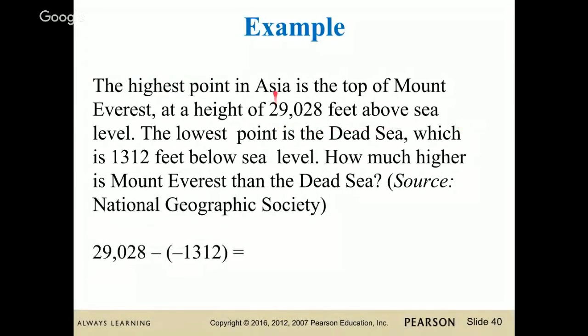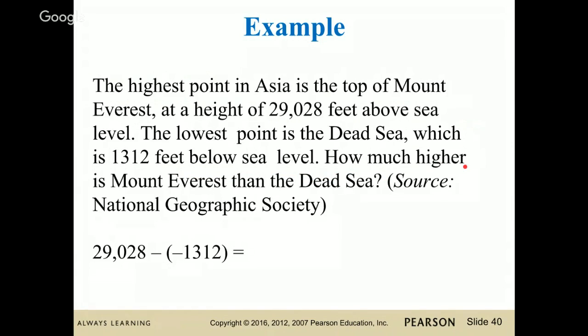All right, word problems. The highest elevation point in Asia is the top of Mount Everest at a height of 29,028 feet above sea level. The lowest point is the Dead Sea, which is 1312 feet below sea level. Okay, so below sea level means this is going to be a negative.